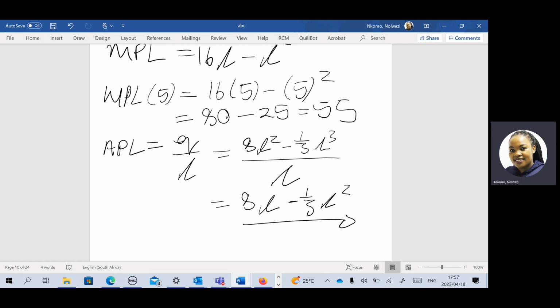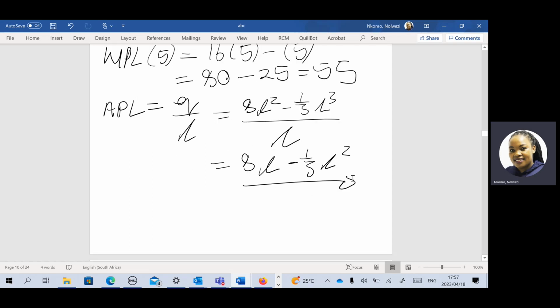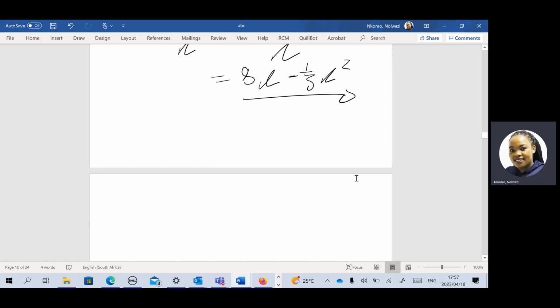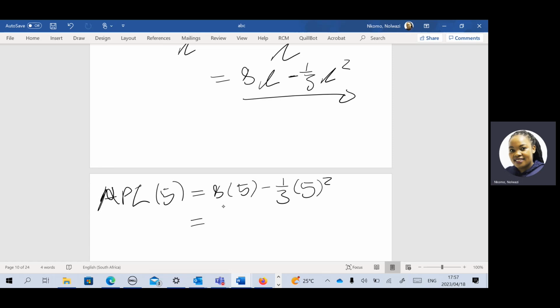Okay, now suppose you are asked what would happen if 5 workers were employed per day? What is the average production of labor? Okay, you have the average production of labor function. Just take your 5 and substitute there. If you substitute 5 here, we'll have APL of 5 as 8 times 5 minus 1/3 times 5 squared. If you punch this in your calculator, we have 8 times 5, that is 40.